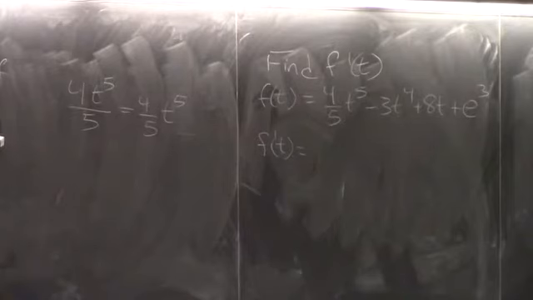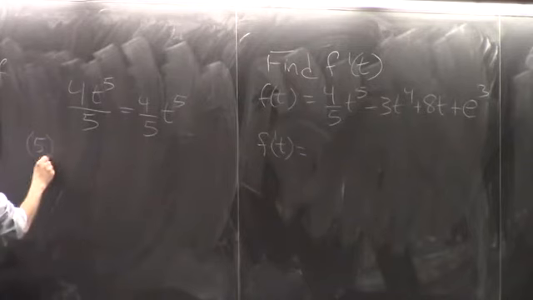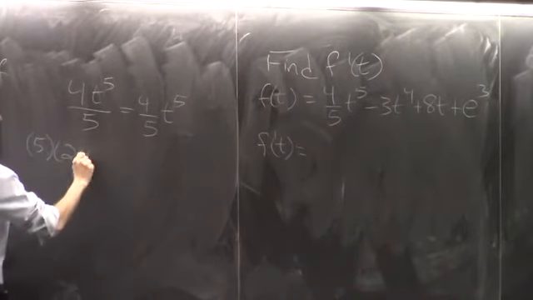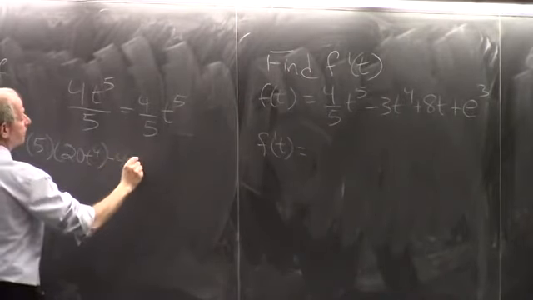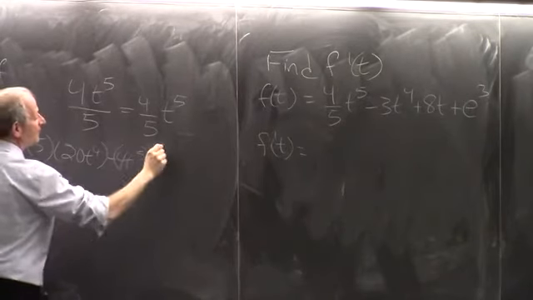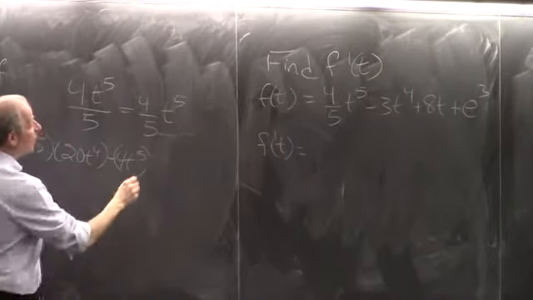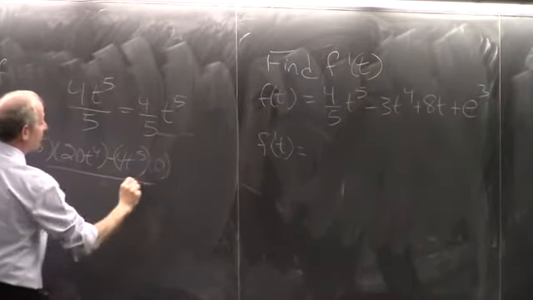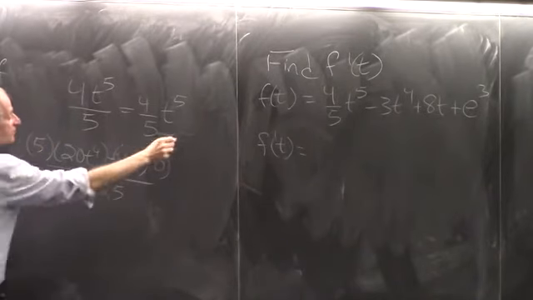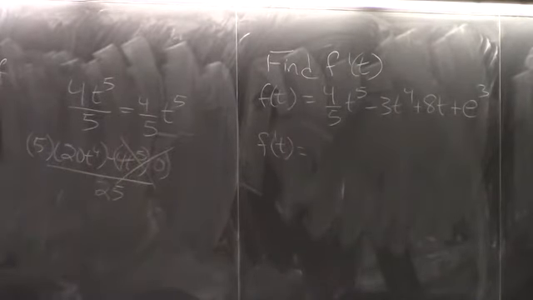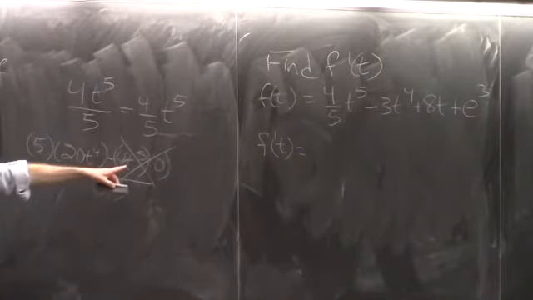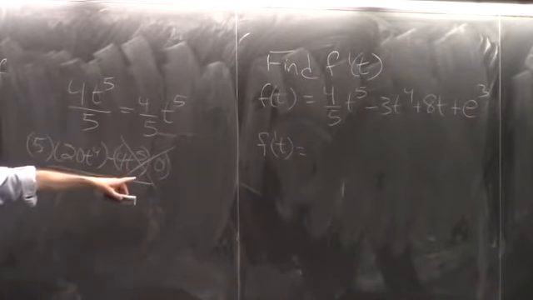You don't need to use the quotient rule here. But if you're going to do the quotient rule, the derivative at the bottom is 0. You don't leave it out. When you leave it out, you get it wrong. You have to put the 0 in so that it cancels this. And then you say, oh, right, I didn't need to do the quotient rule after all. If you do the quotient rule and one of the two parts of the quotient is 0, then you didn't need to do the quotient rule.